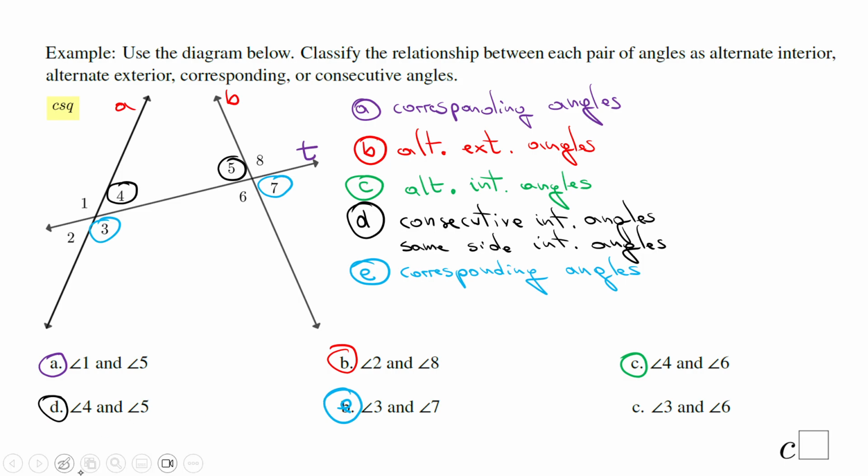And we have one more, this F here. What do we have here? Angle 3 and 6, which is this angle and this angle. Oh, they are like 4 and 5. We had that before. They are on the bottom now of the transversal, on the same side of the transversal, interior. So how do we call those angles?